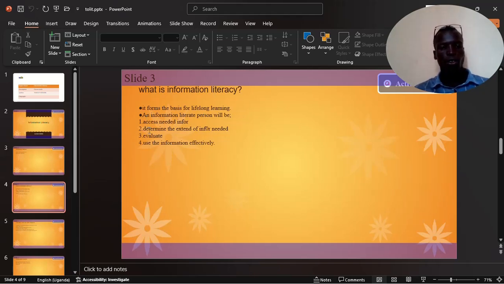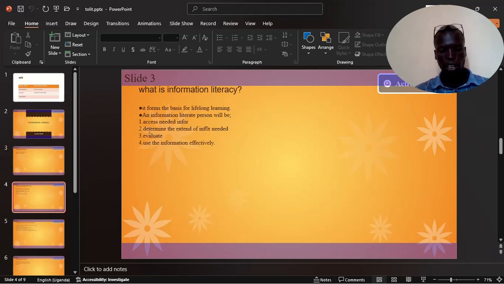Two, you'll be able to determine the extent of the information needed. Like when you need information, first understand it and use the available strategies to get the exact information.